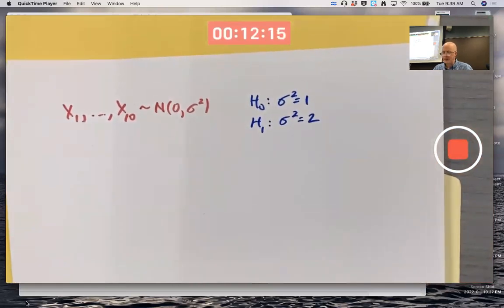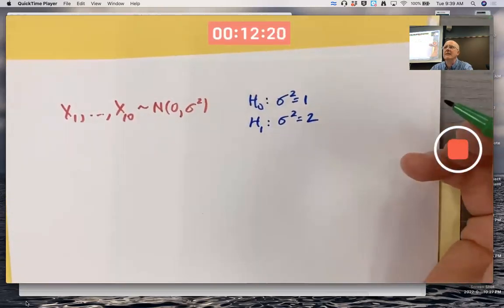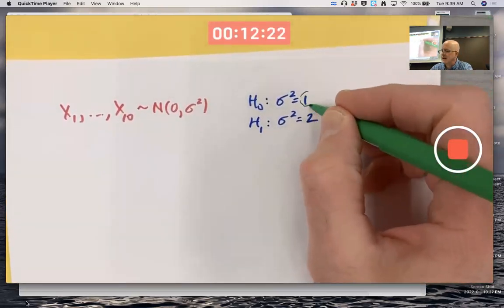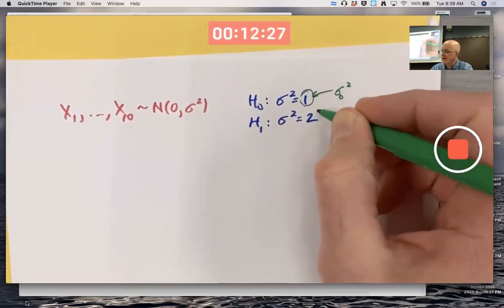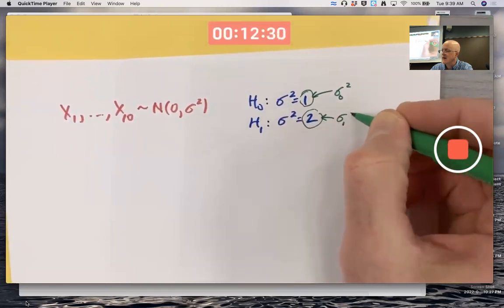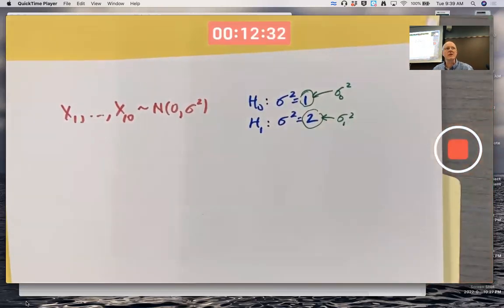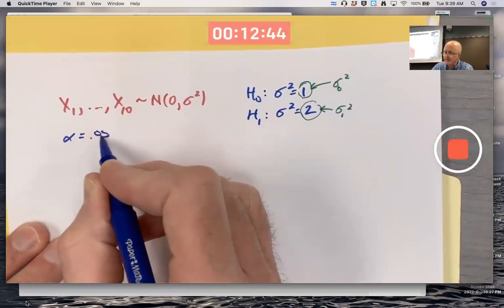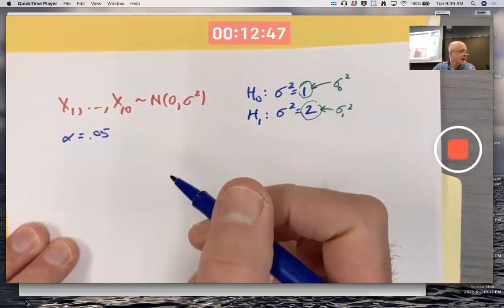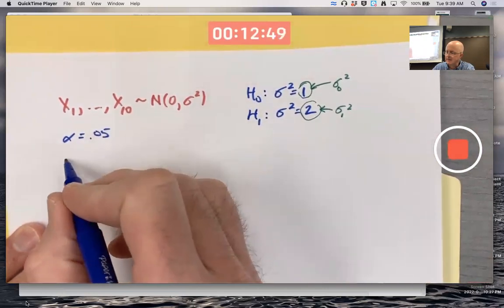And again, when I compute the likelihood ratio, for the sake of generality, I'll call this sigma sub 0 squared, and I'll call this sigma sub 1 squared. But then we'll ultimately plug those numbers in, 1 and 2. Again, we're going to take alpha to be 0.05. The question says, find a best critical region, or rejection region, of size alpha.